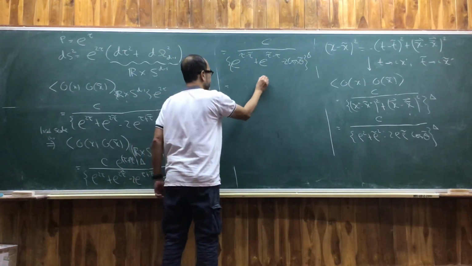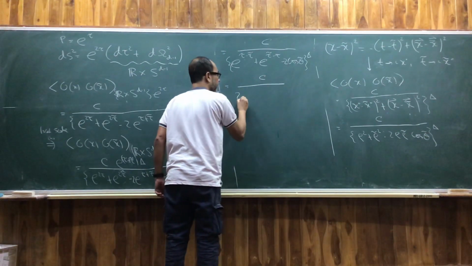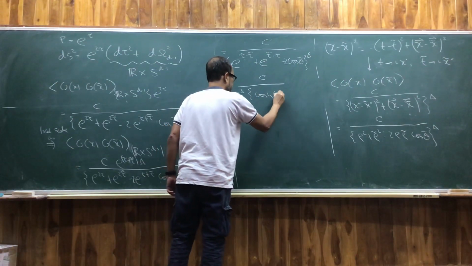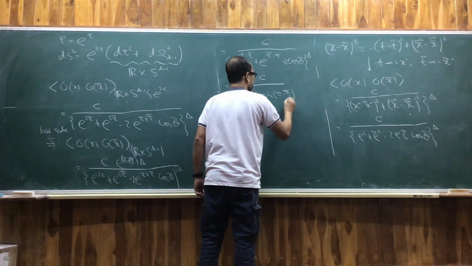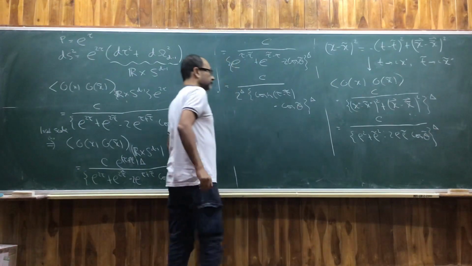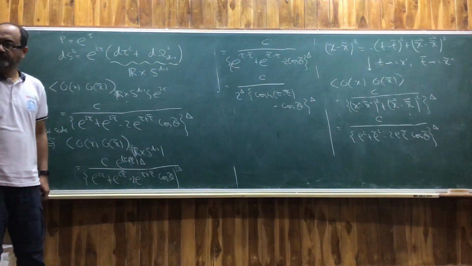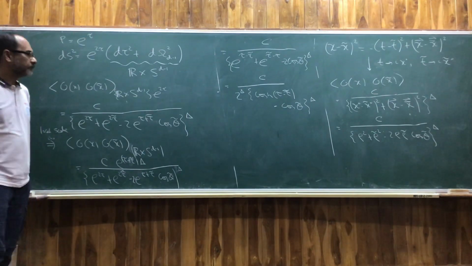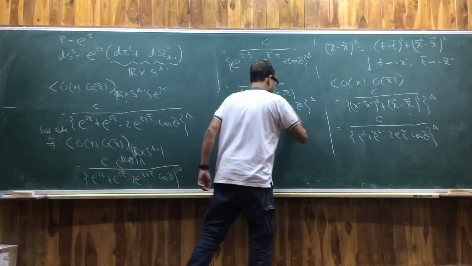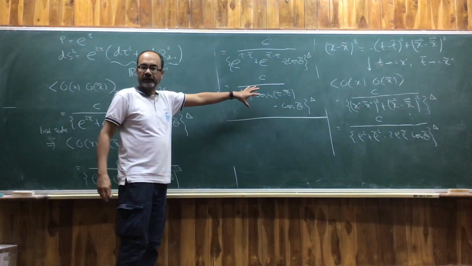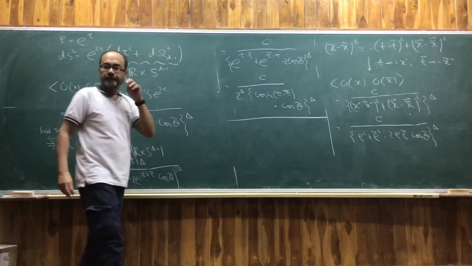This I can also write as C over 2 to the power delta, and cosh of tau minus tau tilde minus cos theta tilde, to the power delta. Okay, so this is a Euclidean result. This is a Euclidean space, and this is also Euclidean. All signatures are +1.